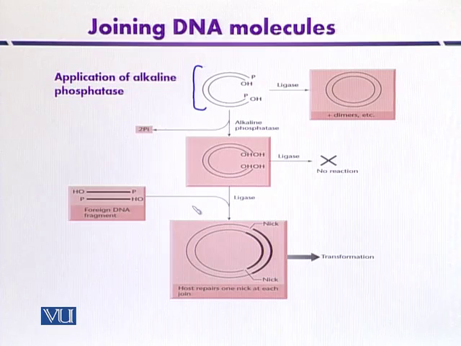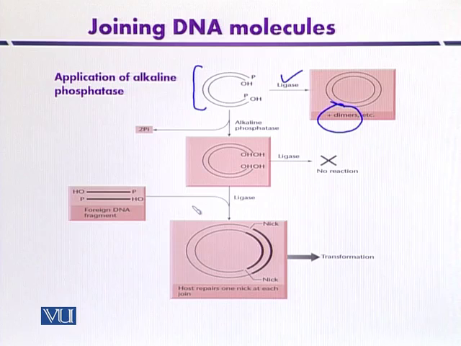At this stage there is a possibility that it can self-ligate or it can ligate with a neighboring vector molecule. So in the presence of ligase, dimer formation occurs. Dimer means two digested plasmid molecules ligate together, so a dimer forms without the insertion of the foreign DNA.